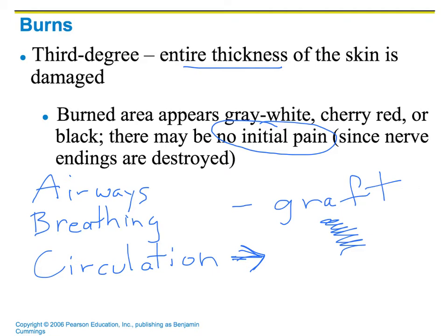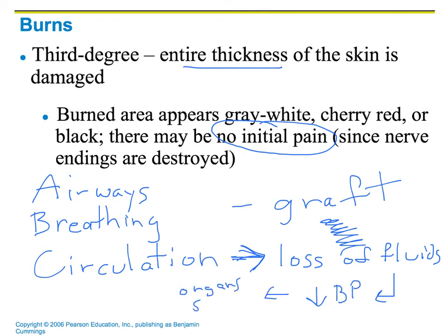With the circulation, what you have is in a bad burn over a large percentage of the body, you have a loss of fluids, which we said leads to an extreme drop in blood pressure, which can lead to organs not getting the oxygen they're needing, and the word I used was starving, which leads your body to go into what's called shock, which you can die from.